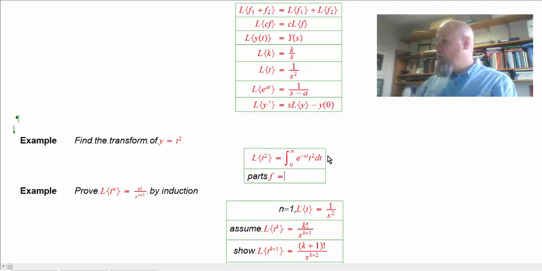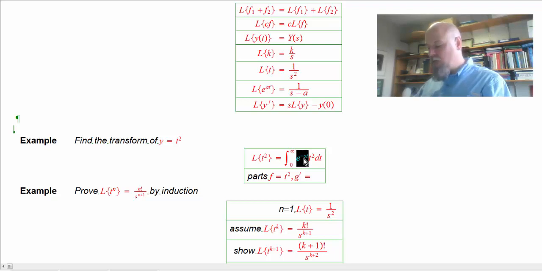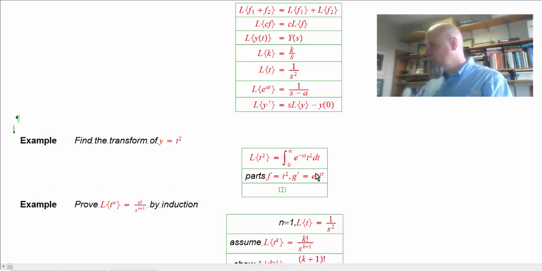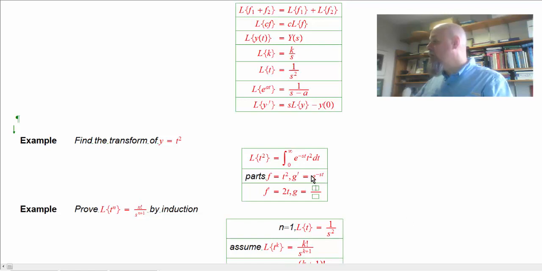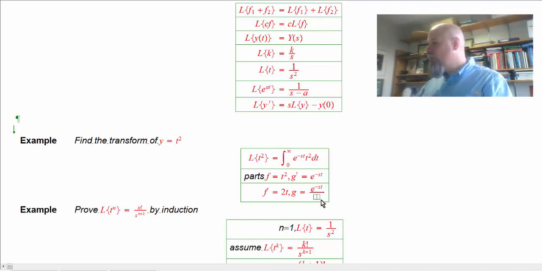So I need one part to differentiate, the t squared, and one part to integrate, so let's integrate the e to the minus st. So f prime is going to be equal to 2t, and g is going to be equal to the integral of e to the minus st with respect to t.